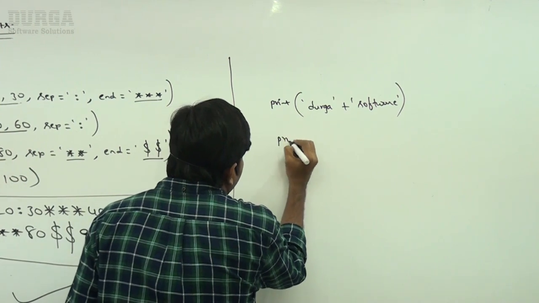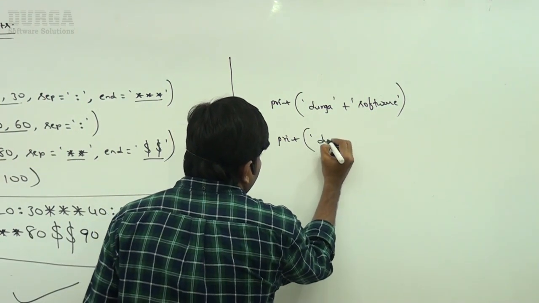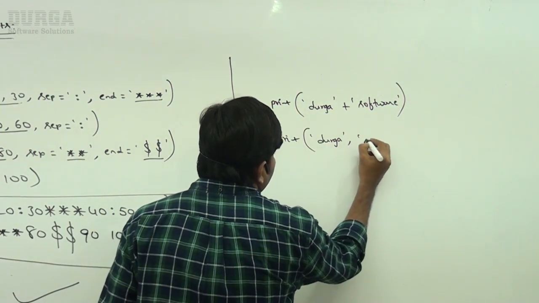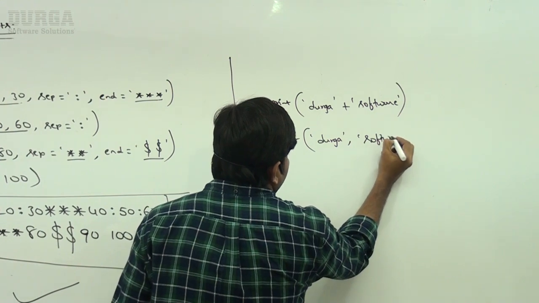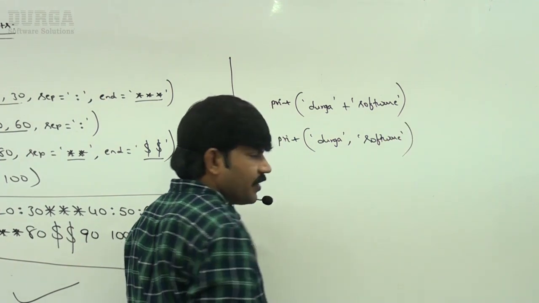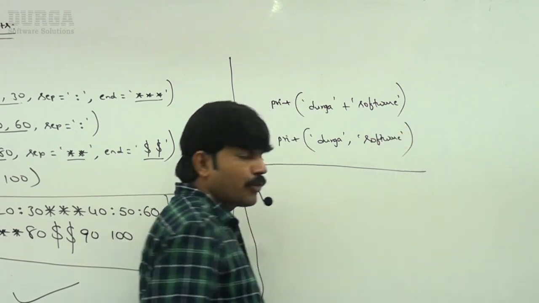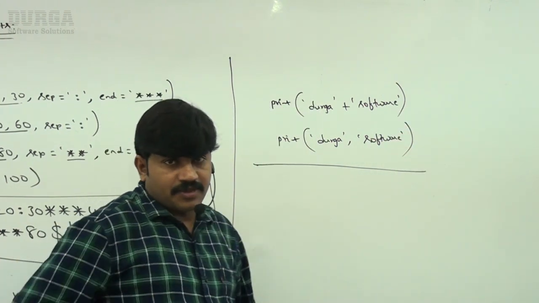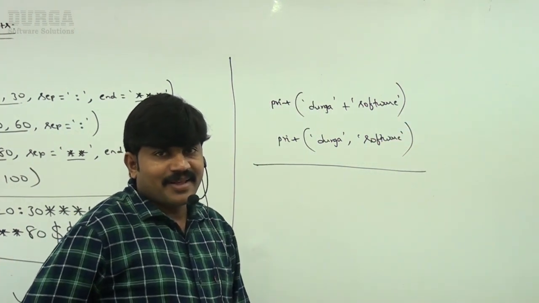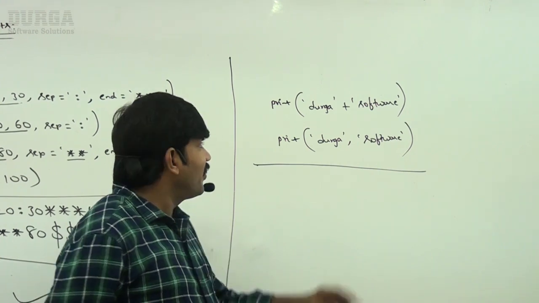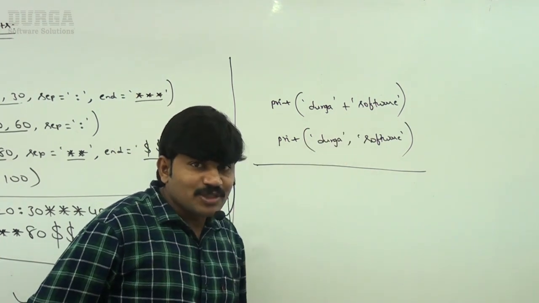Now print of Durga comma software. Can you please tell what is the difference between the outputs produced by these two print statements? Can you please confirm?